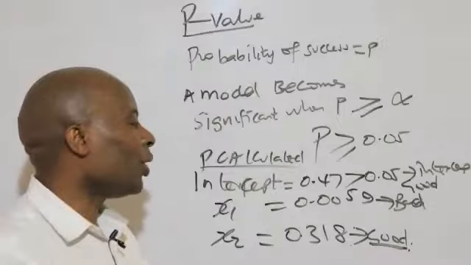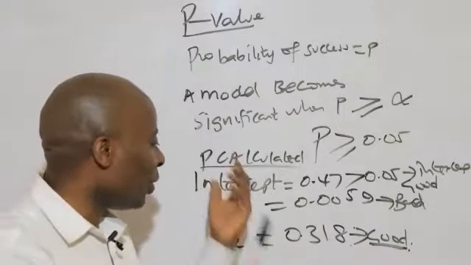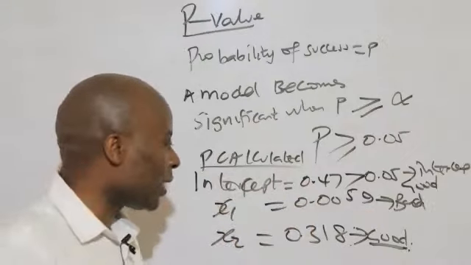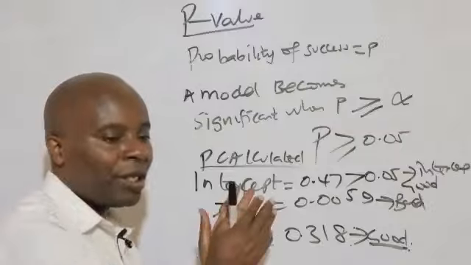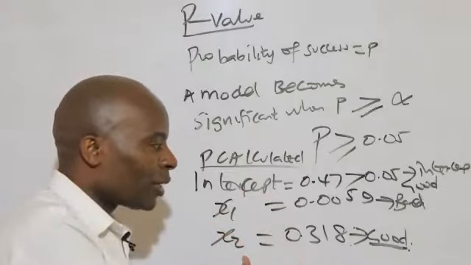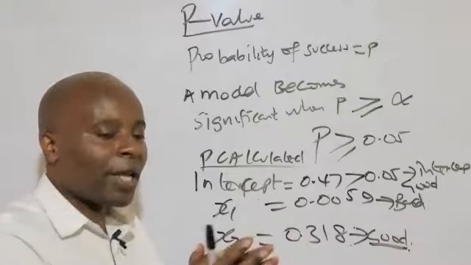So in terms of the whole model, we have, of course, two of them being good. Nevertheless, one of the variables is poor. That's the combination I give. One of the variables is insignificant.